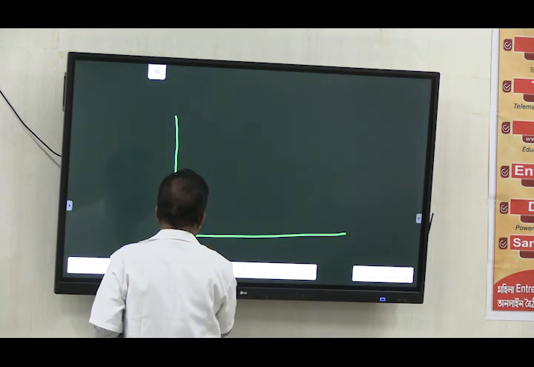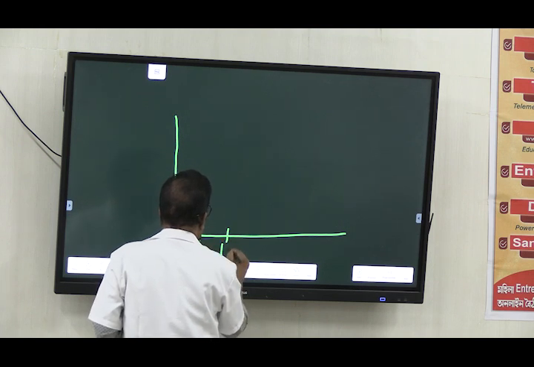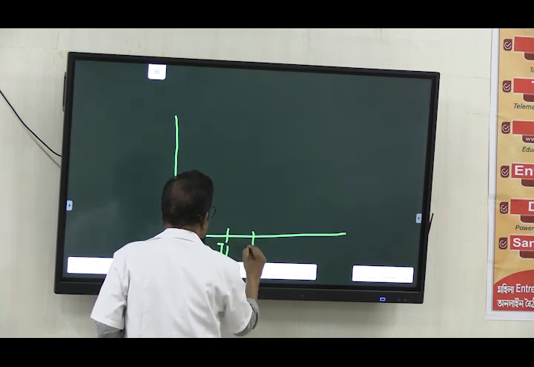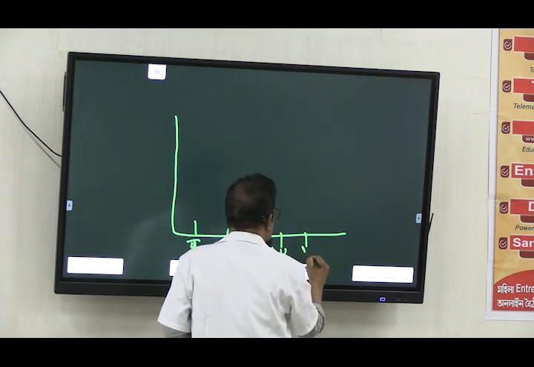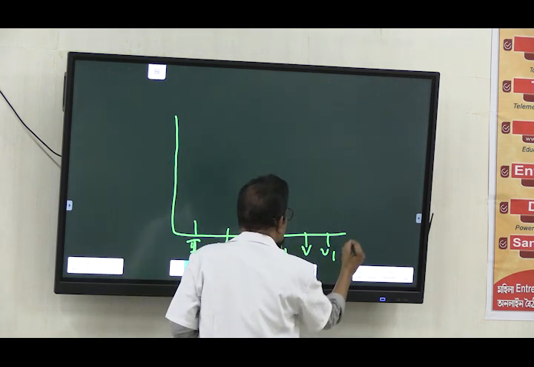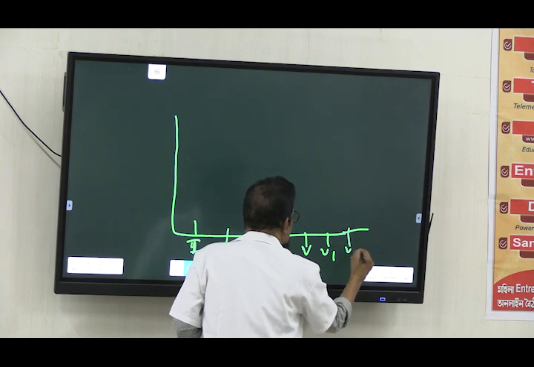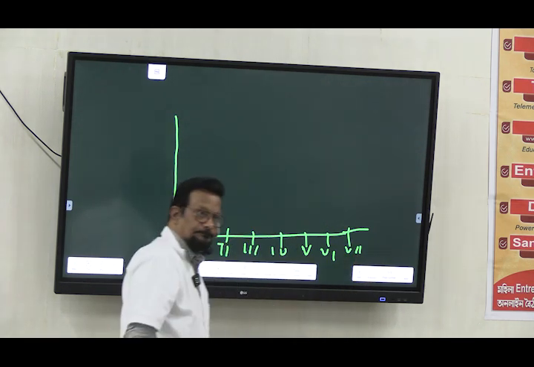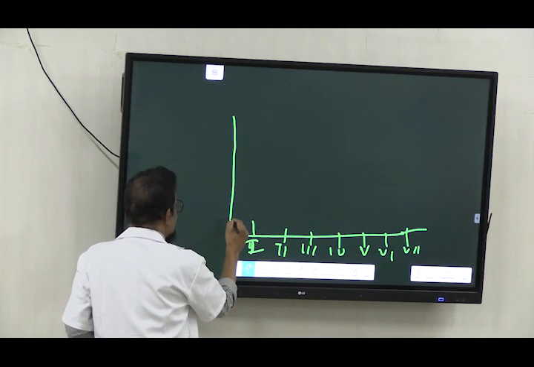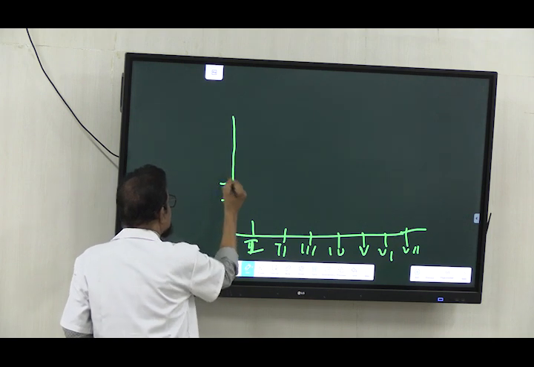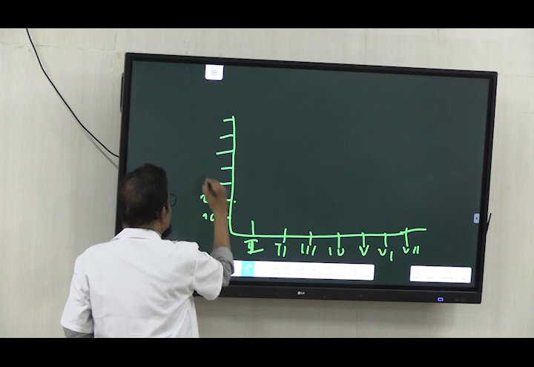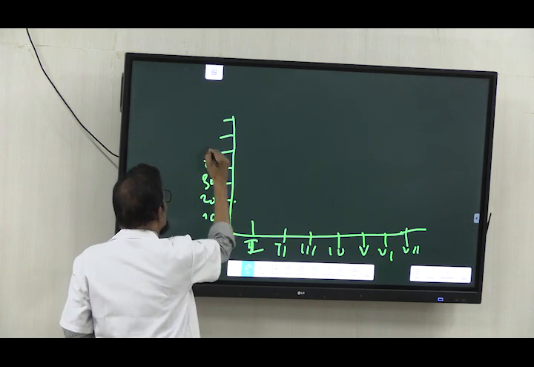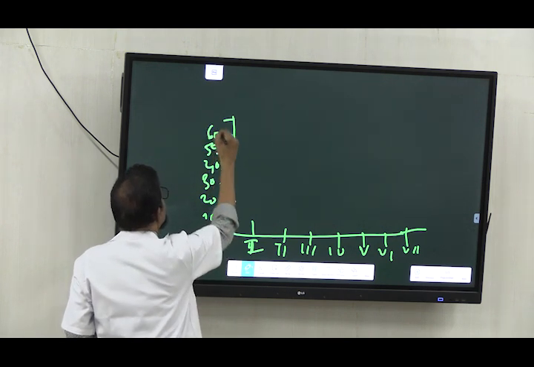One means band shaped, two lobed, three lobed, four lobed, five lobed, 6. If you find 7 also you can get sometime. And here is the percent: 10, 20, 30, 40, 50, 60, 70.